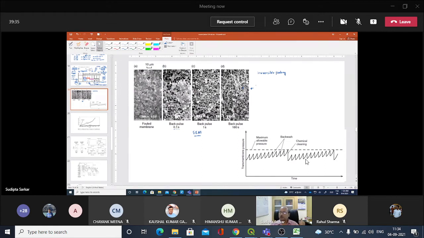When you back pulse the membrane, the membrane is clean, but not to the extent of a truly clean membrane. So when you start this operation again, your so-called clean membrane has a greater pressure drop than the clean membrane.